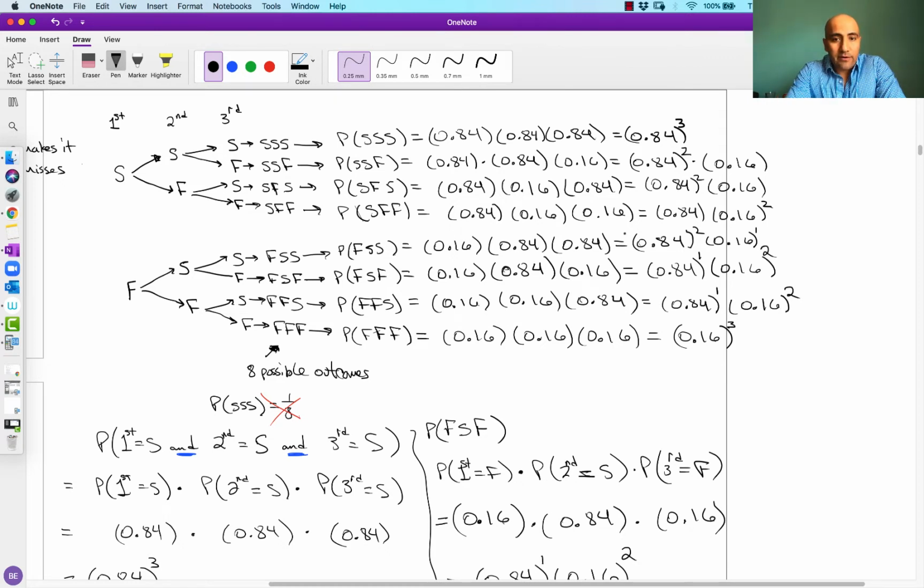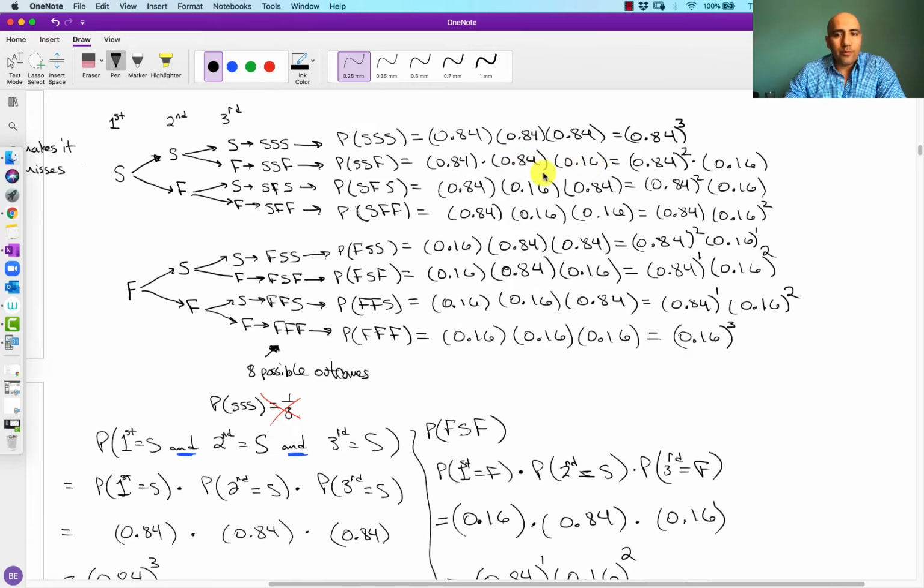So speaking of patterns, we see some really nice patterns appearing already. So notice that when we were trying to find the probabilities, for example, say this one, success, success, failure. We end up with 0.84, probability of success, times 0.84, probability of success, times 0.16, probability of failure.